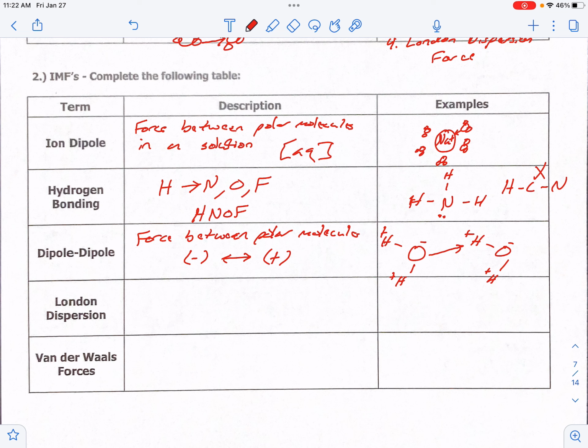London dispersion force is basically something that pretty much all of them have. This is just the attraction force between the nucleus of one atom and the electron of another atom.